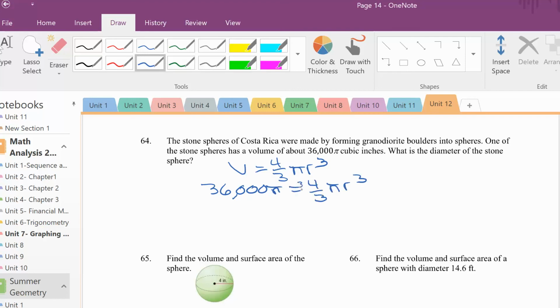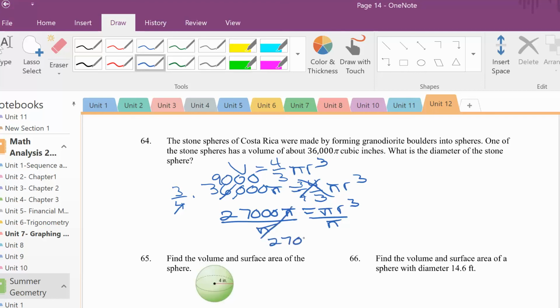So you multiply by 3/4 to get rid of the fraction. So 4 goes into 36, 9, so it's 9,000 times 3 is 27,000 pi equals pi r cubed. So then you divide by pi.